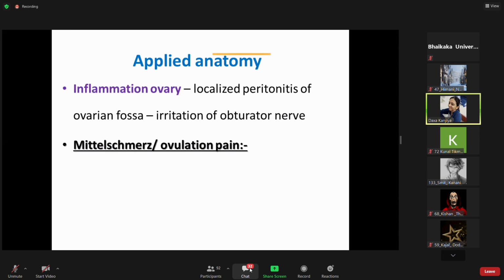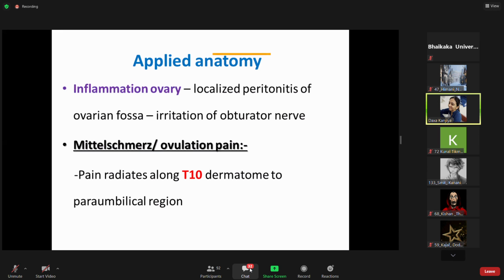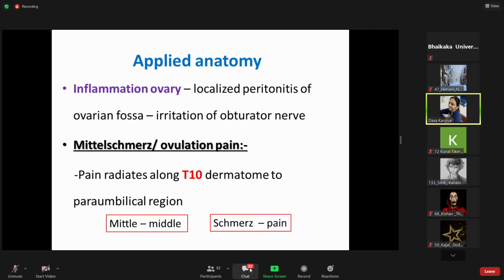Now the ovulatory pain or ovulation pain. This syndrome is called Mittelschmerz syndrome, and the pain radiates along the T10 segment of the spinal cord to the para-umbilical region. Mittel means middle and Schmerz means pain.